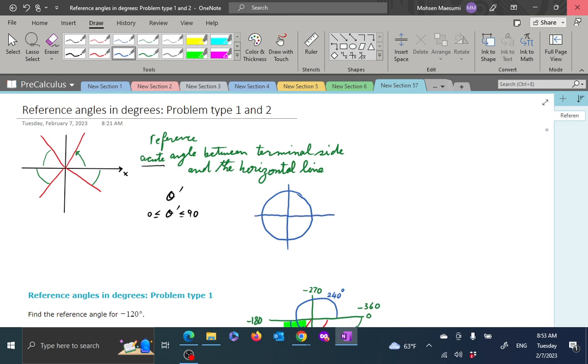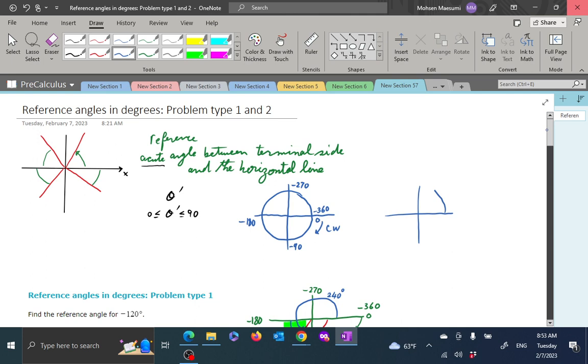So you say my negative numbers go 0, minus 90, minus 180, minus 270, and I come back to minus 360. I'm going in the negative direction, which is the clockwise direction. If for whatever reason I want to go in the counterclockwise, positive direction, then of course I have 0, 90, 180, 270, and by the time I come back it is 360. I'm going this way.